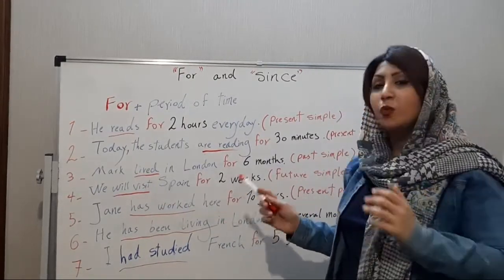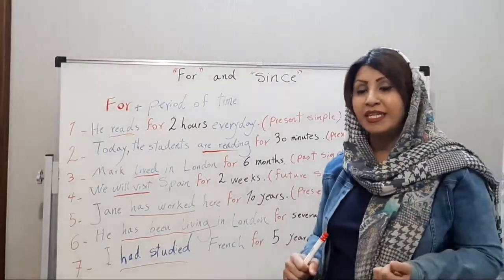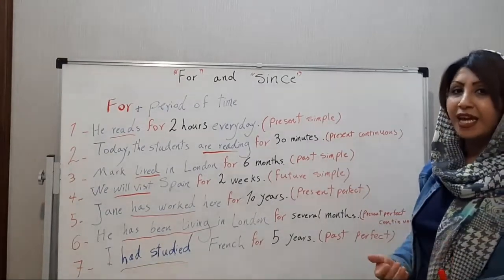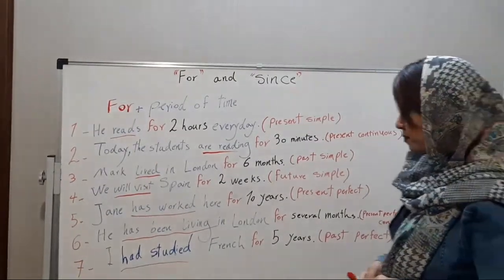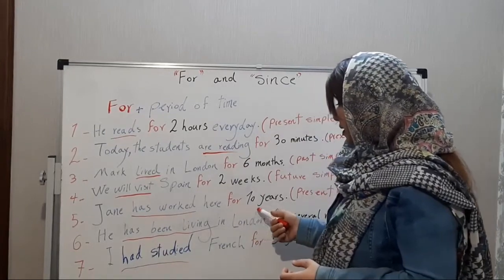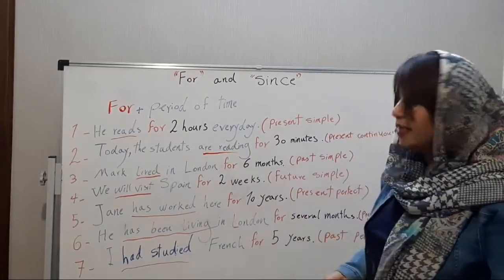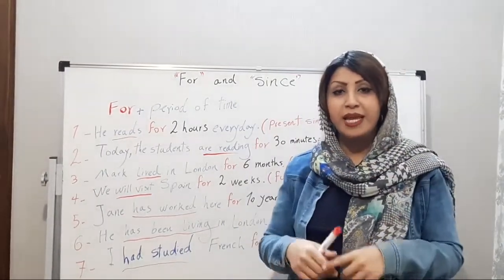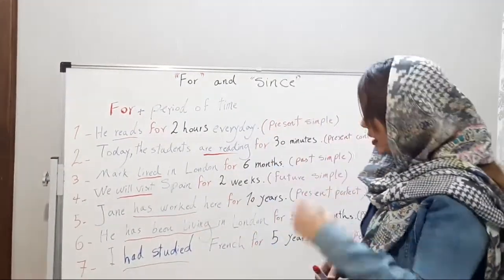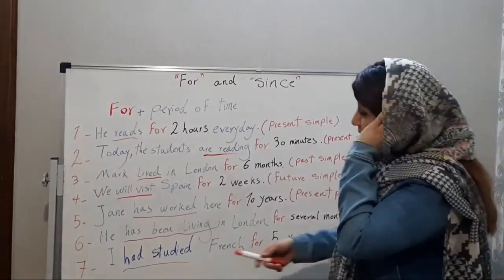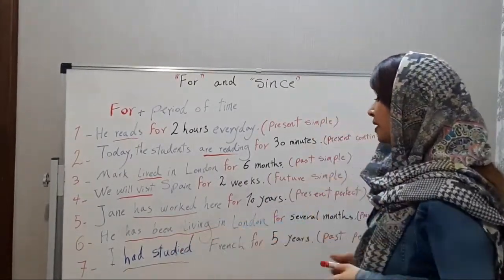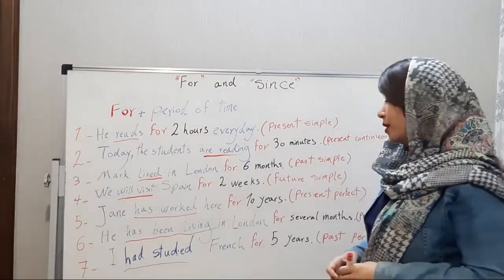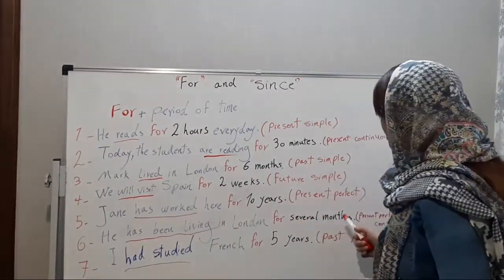Jane has worked. Here it's present perfect. And we have "for 10 years," a duration again. Now the next example is: he has been living in London for several months.